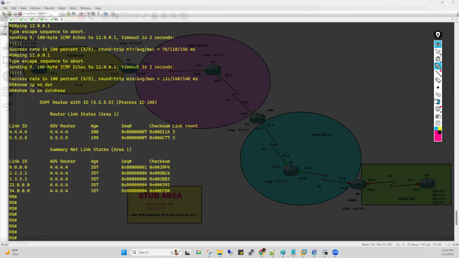Clear, guys? Anyone who does not understand, let me know. Is this clear? So the communication happens based on the default route only.